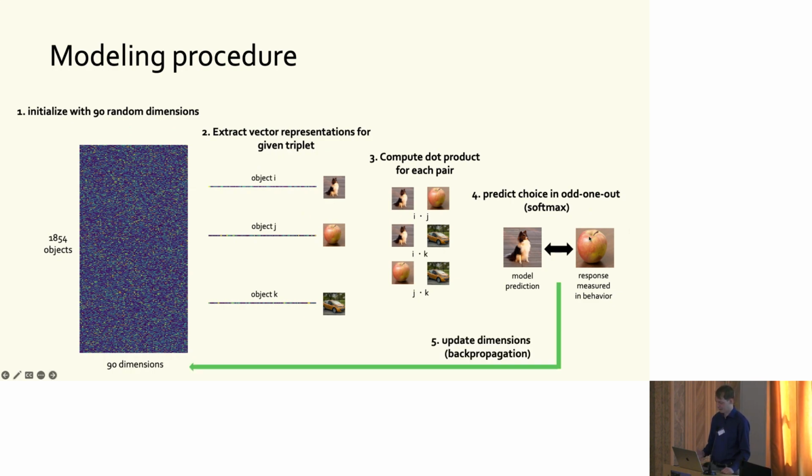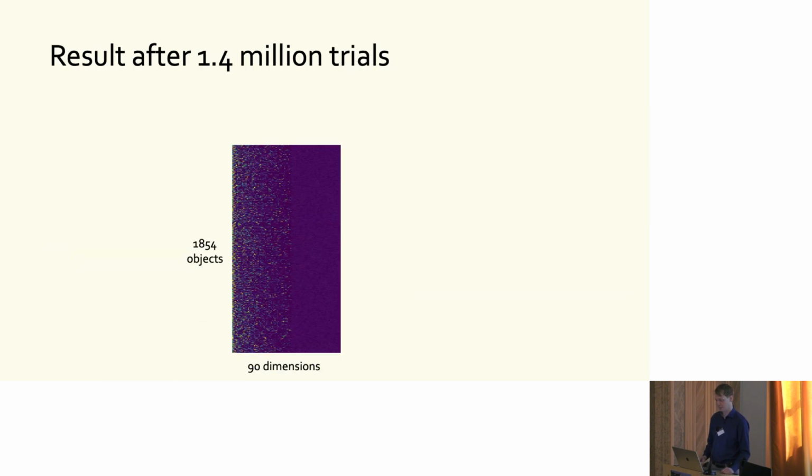And now the magic is happening, since this is all implemented in a graph model. We can compute derivatives and partial derivatives, and we can run backpropagation, and we can use algorithms from artificial intelligence to optimize these weights. So we can change the weights to be maximally predictive of behavior. If we do this for a lot of trials, and you really need a lot of trials for this, after 1.4 million trials, we end up with something that looks a little bit like this.